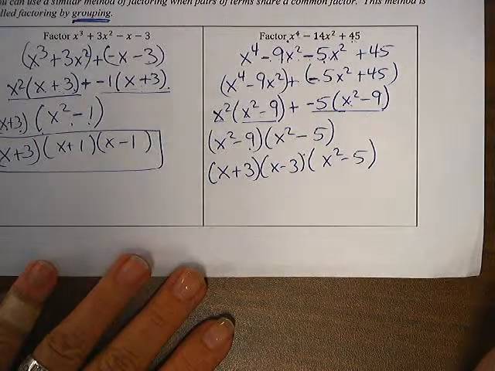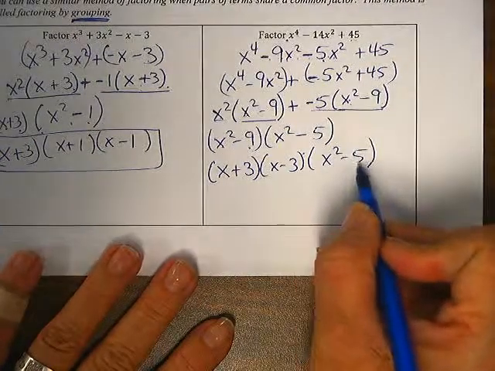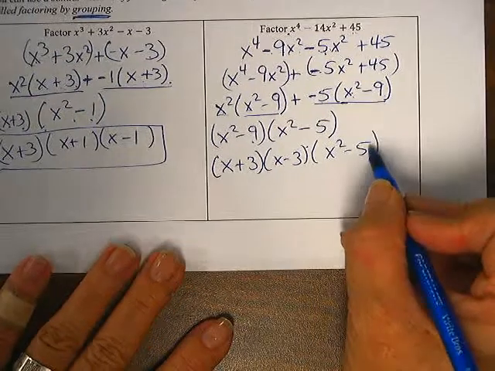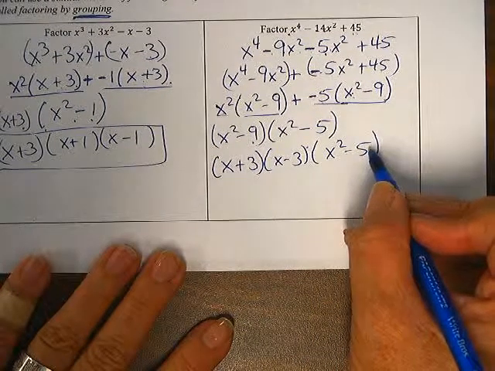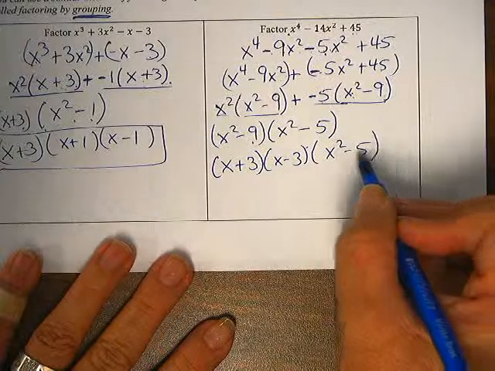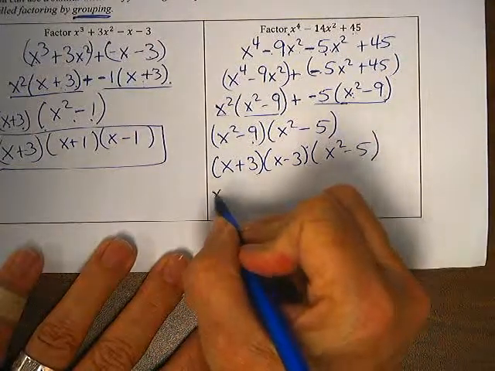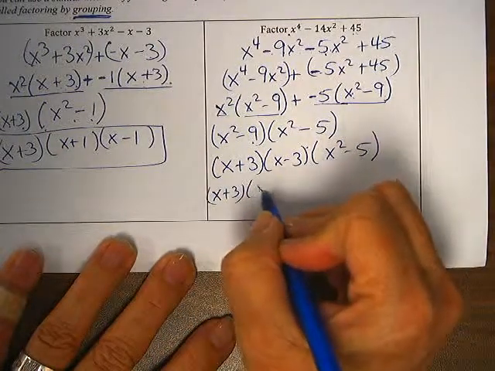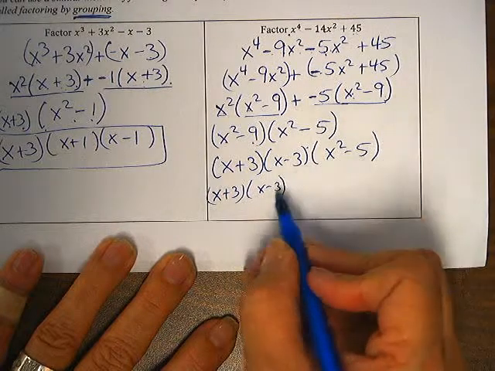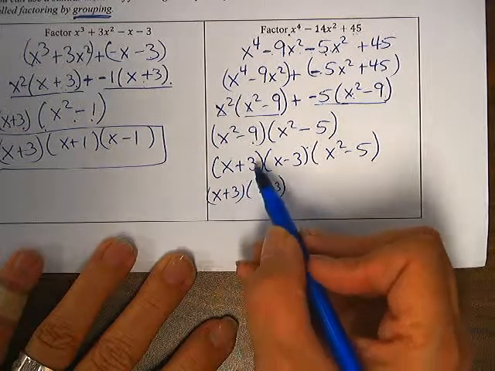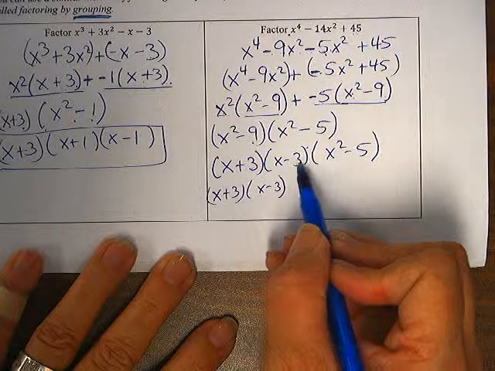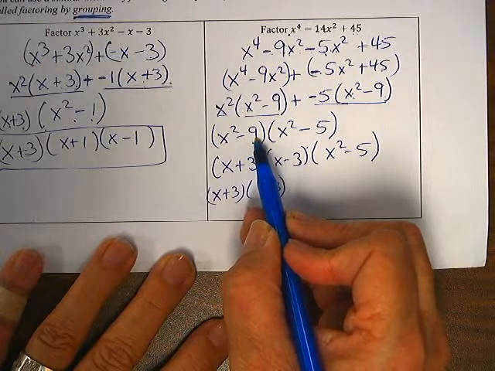Occasionally you may come across people that want you to factor this further. Now, although 5 is not a perfect square, we're going to use the same rationale of how to factor it. So let's put our x plus 3, x minus 3. And the way we got these values, remember, the positive 3 and negative 3 are the square roots of 9.